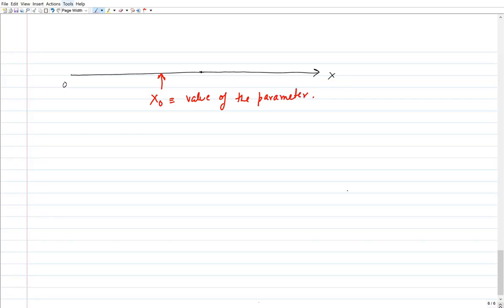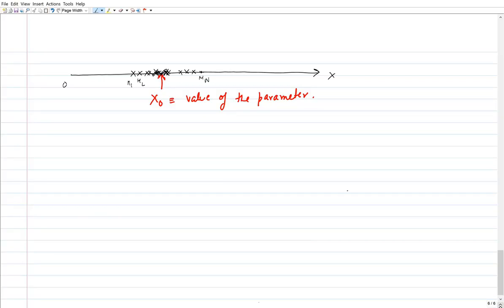We perform a series of measurements, and at every run of the experiment I get different values M1, M2, and so on up to Mn.